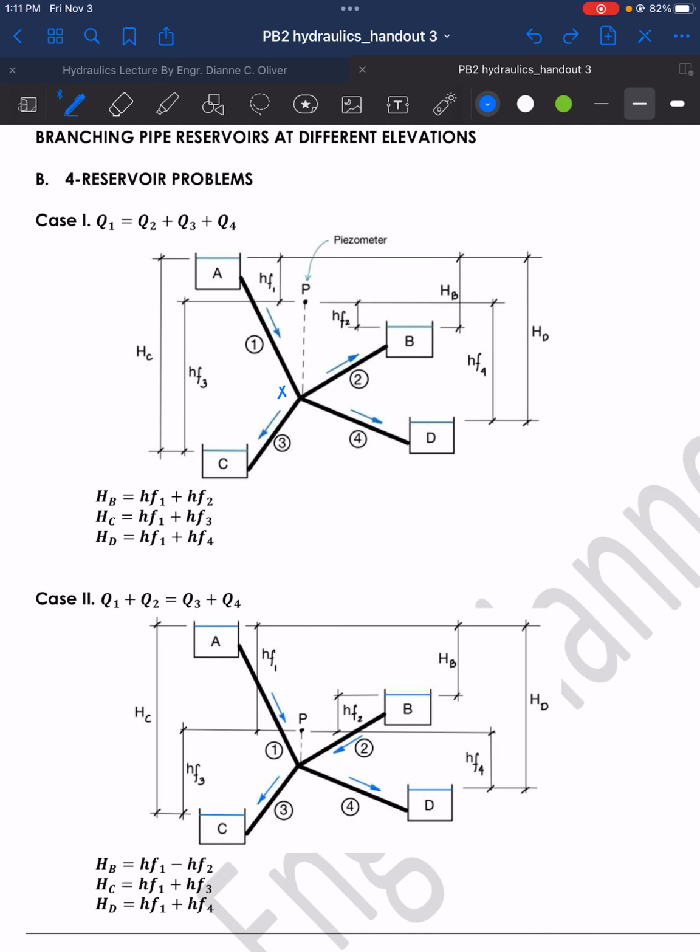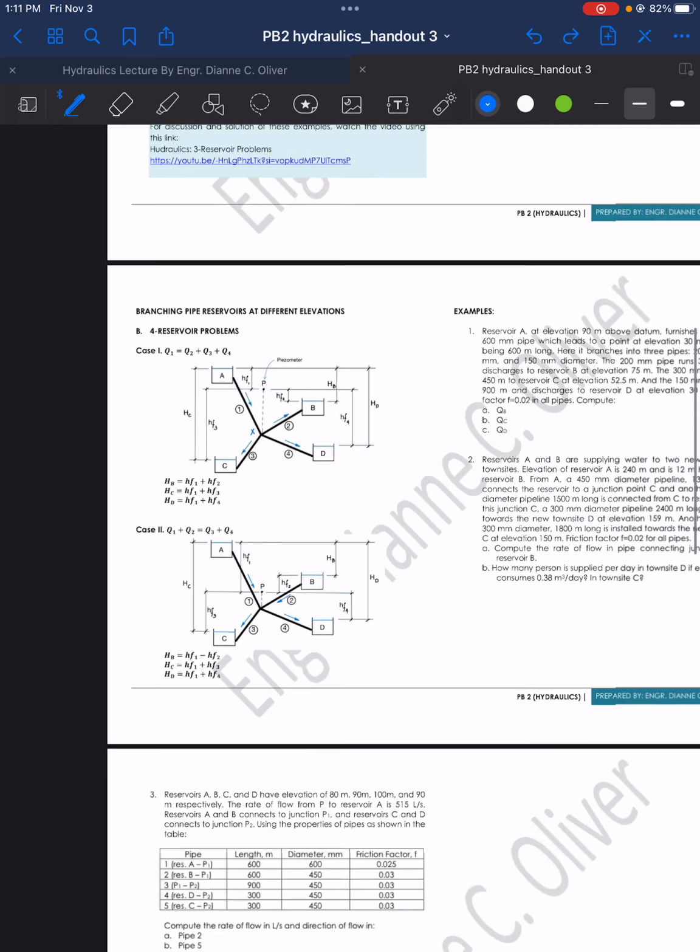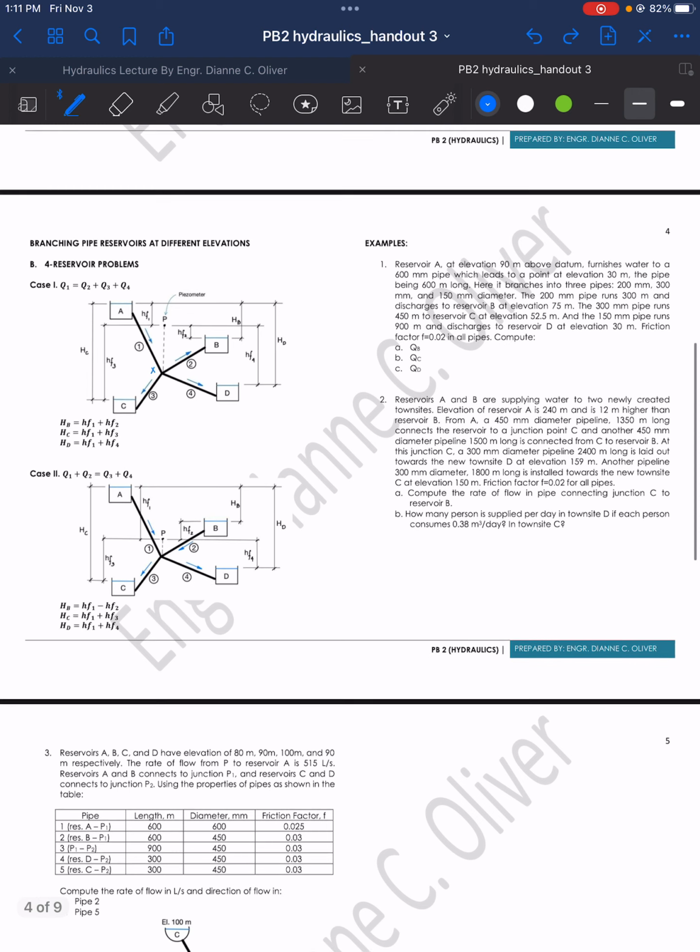So let's use these 2 cases in solving the 3 sample problems from this handout.